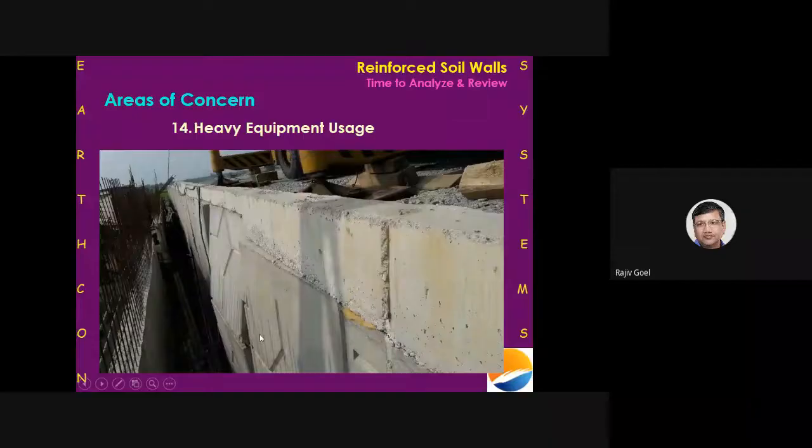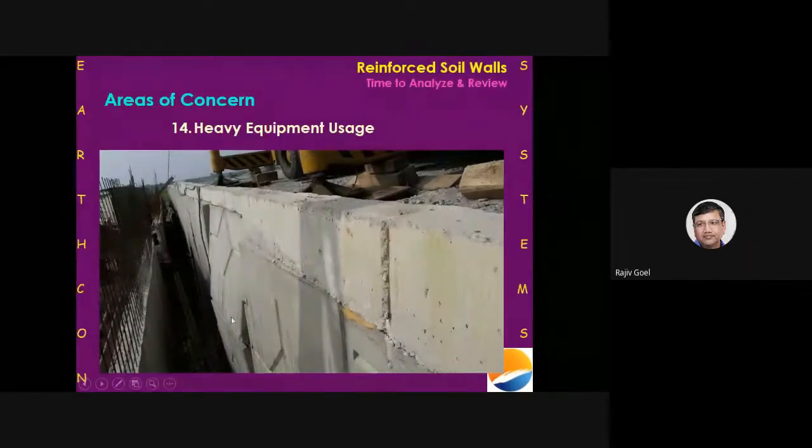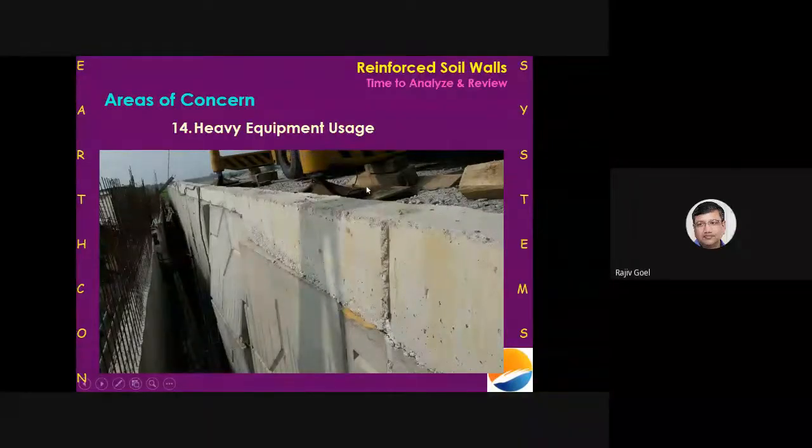You see this point here? When the crane was lifting the girders, the support gave way because this high load was very, very close to the panel. So this is something which we learned the hard way, and later on we had to open it and redo the construction.